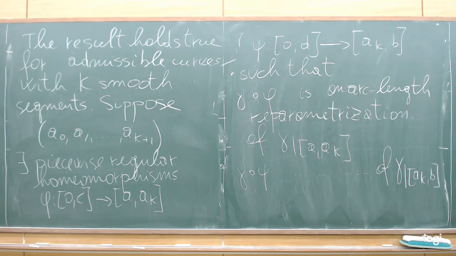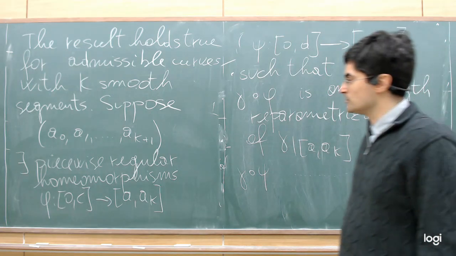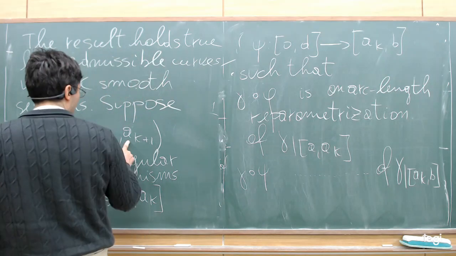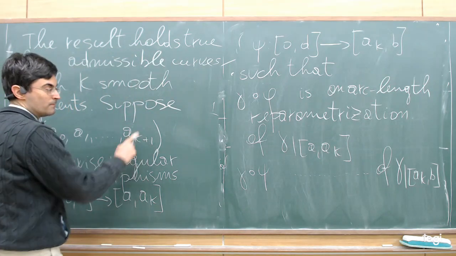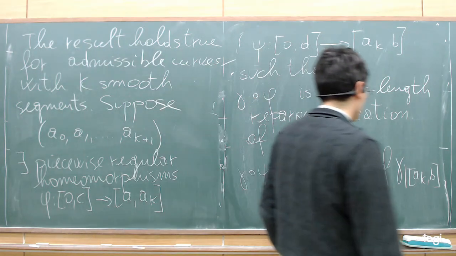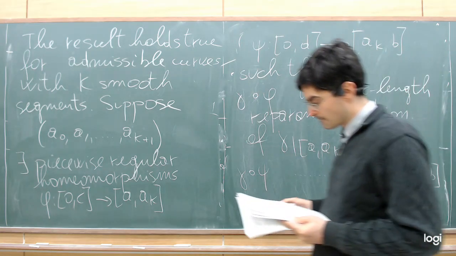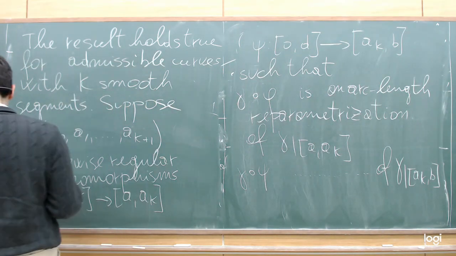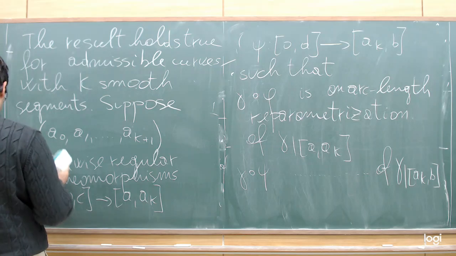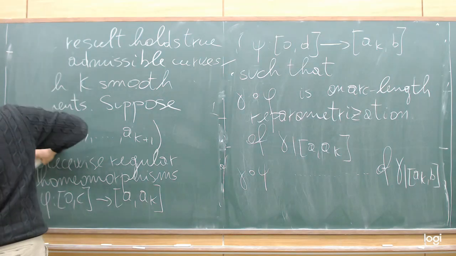And remember that by definition of partition, ak plus 1 is b. So essentially what we have to do now is to put these two things together. How is this done?